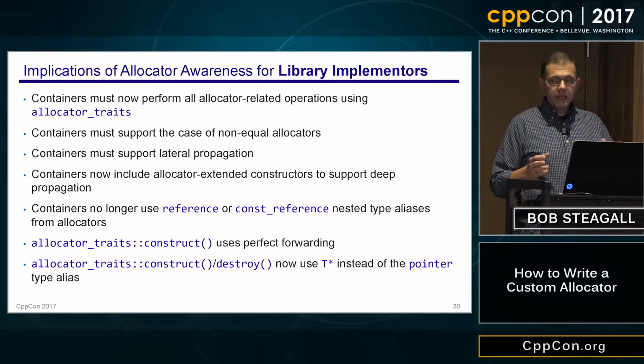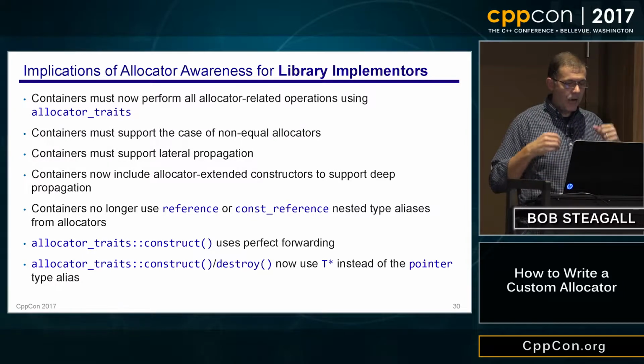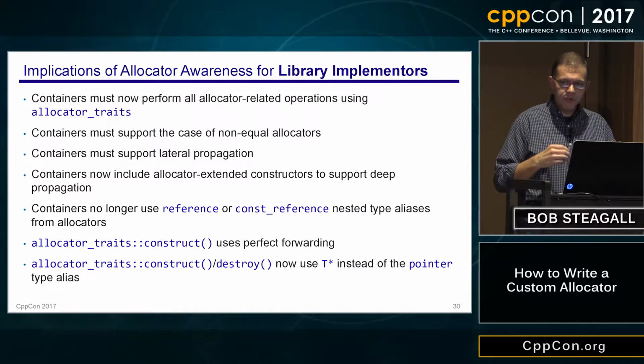And interestingly enough, I pointed this out before, construct and destroy as part of allocator traits now have T star in their signature instead of the pointer type alias. So if you have some synthetic pointer to some type, you have to provide a conversion operation to the native pointer of that type if you want to use allocator traits construct to construct an instance using that pointer.